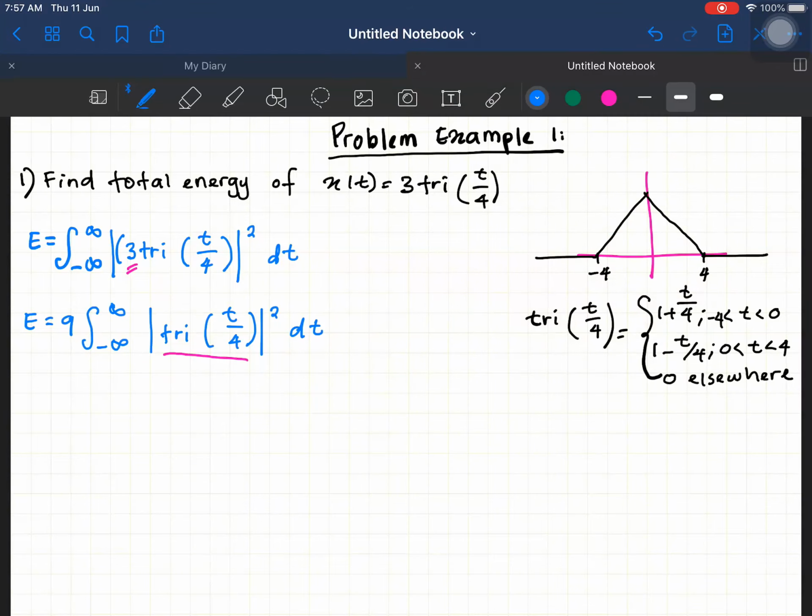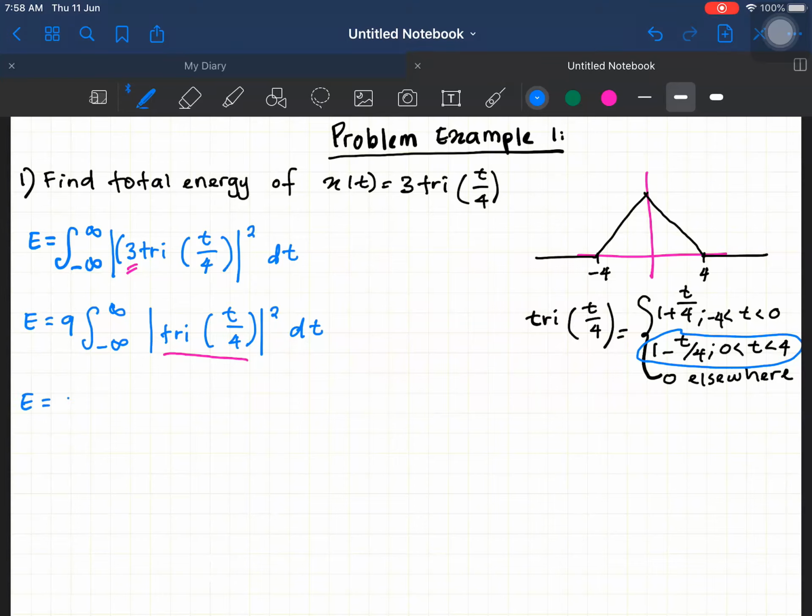You can replace the inner part here with the definition of the signal. So let's say I take this to be replaced.